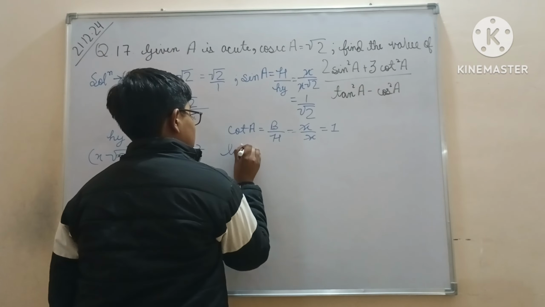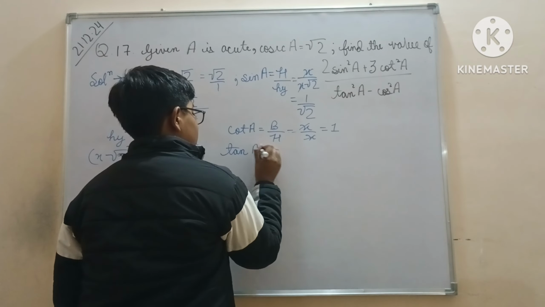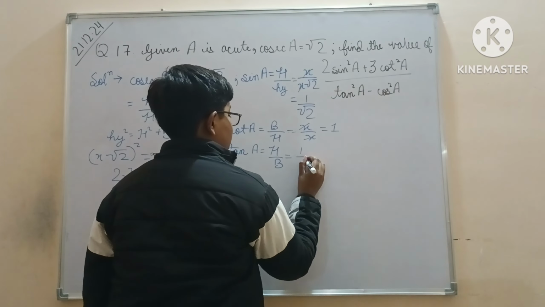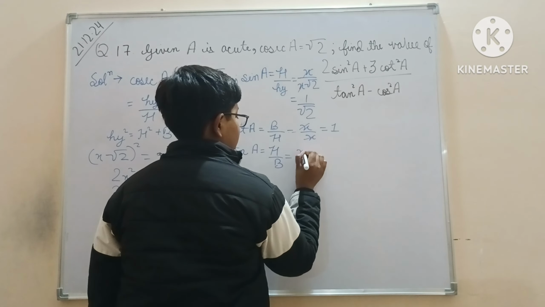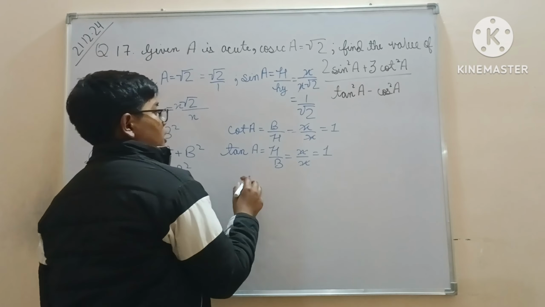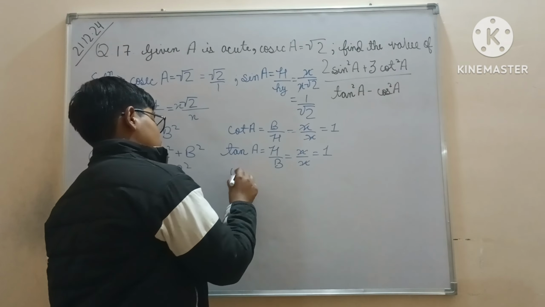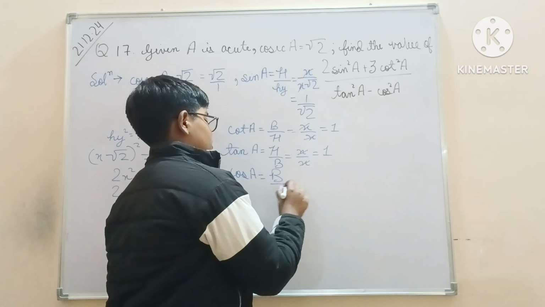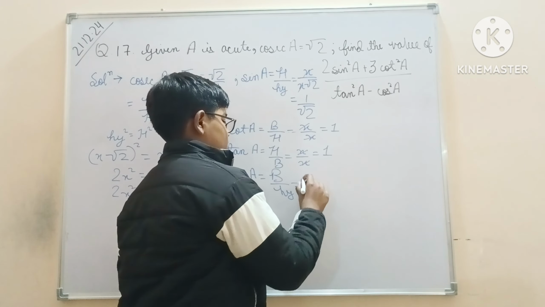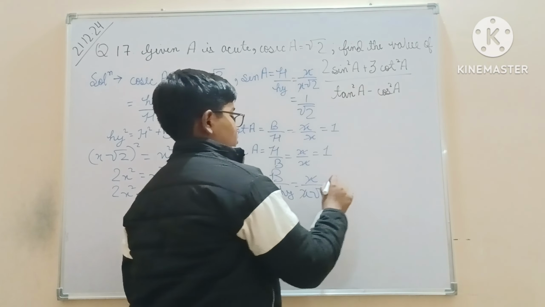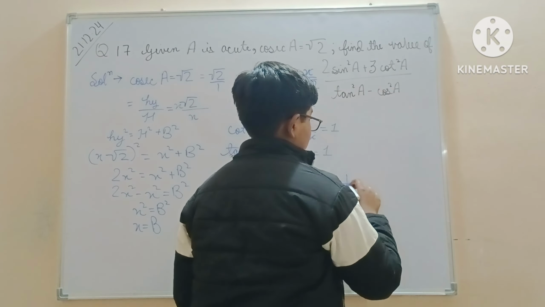Tan A will also be equal to 1, as the values of height and base are equal. And the value of cos A will become base divided by hypotenuse, which cancels and becomes 1 by root 2.